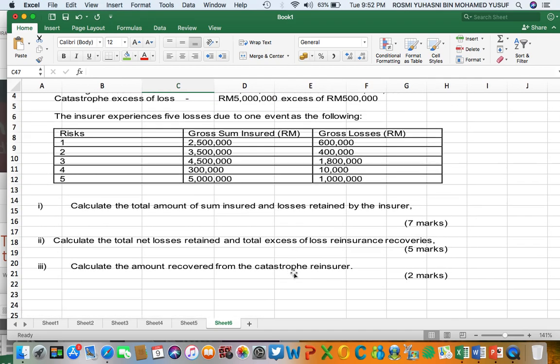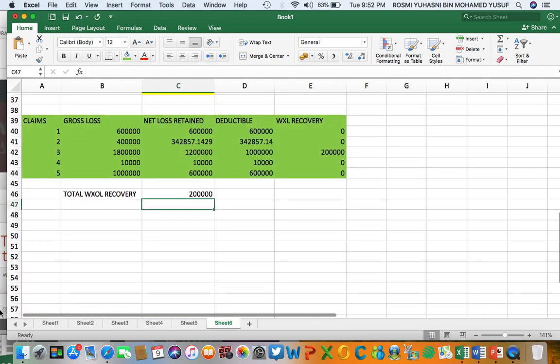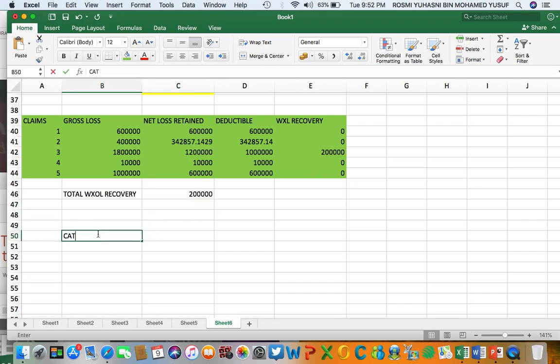Remember that the catastrophic reinsurer will cover per event, meaning the accumulation of losses which happen from one event. Cat loss protects accumulation of losses from one event.